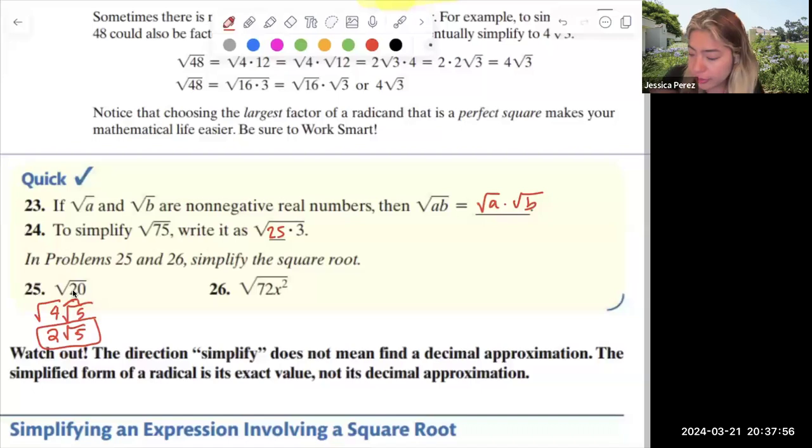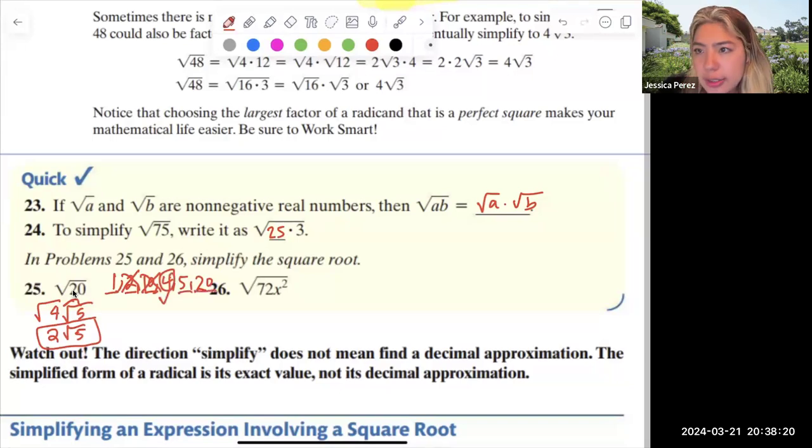The factors of 20 are 1, 2, 10, 4, 5, and 20. So is 1 a perfect root? Yes, right? 1 squared is 1, but it's not the greatest. 2 doesn't have a perfect square root. 10 does not have a perfect root. 4 does. 5 doesn't. And 20 doesn't. So the only one is 4. That's why the 4 is there.